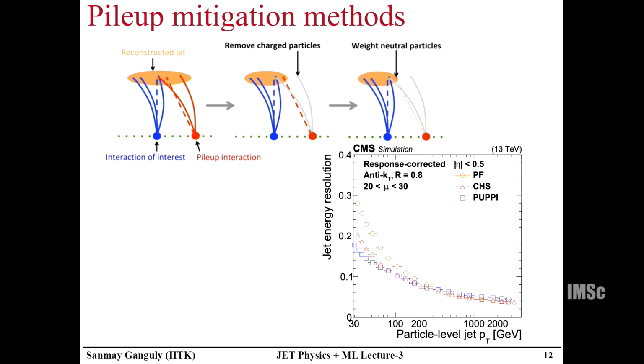My jet energy resolution at low PT, where the effect of pile-up is greatest, improved. The lower the value here, the better the jet energy resolution. So at low PT, when you apply all these pile-up removal techniques on the jet, the jet energy resolution gets better. This is what I'm telling you conceptually at a broader level, and these things work pretty well. How these things actually work, you have to do yourself, otherwise it's hard to explain the algorithm in 2 minutes.